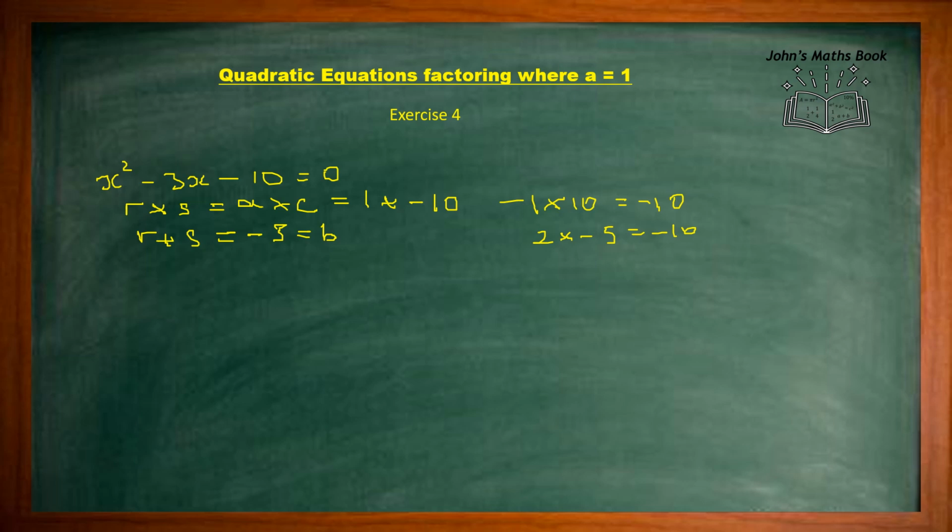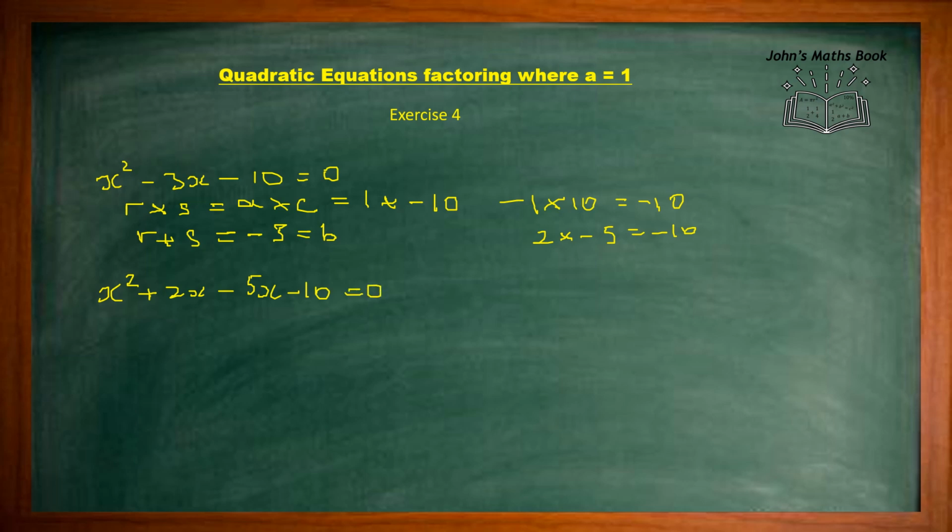So let's use that and split the middle term of the quadratic. So our quadratic can now be written as x squared plus 2x minus 5x minus 10 equals 0.